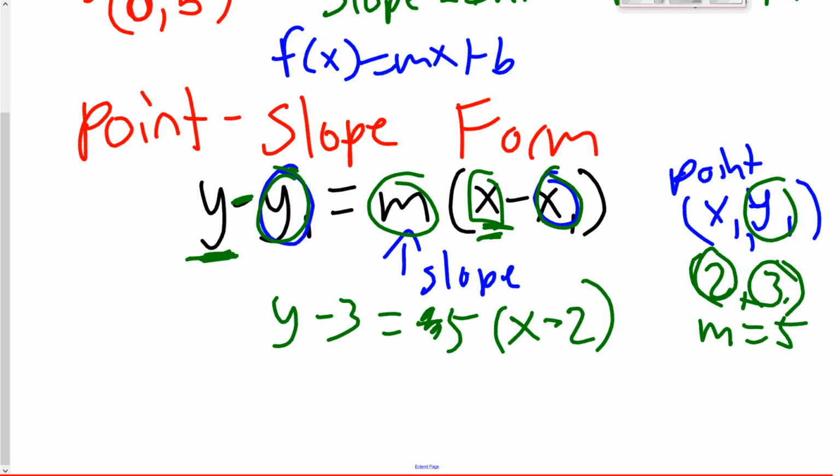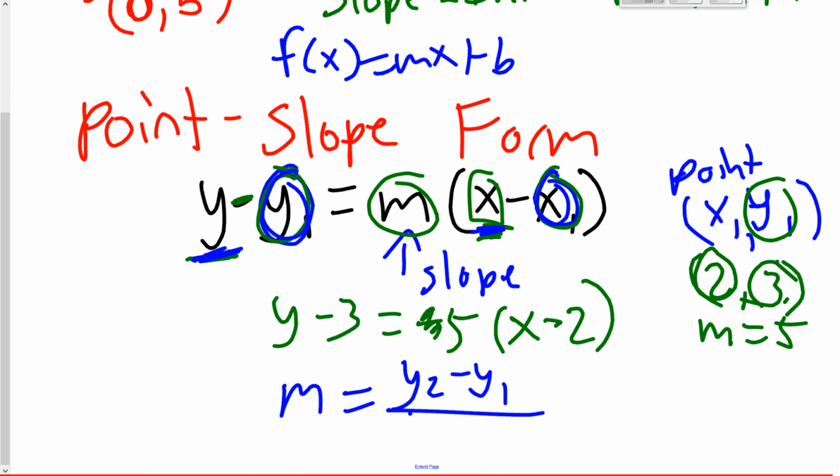And if we were given 2 points, we could literally plug in 1 point right here, and then the other point right here for this y and this x, and that would help us solve for m, our slope. So slope is equal to, you might remember this, y2 minus y1, the difference of your y's, over the difference of your x's, right? Because slope is rise over run.